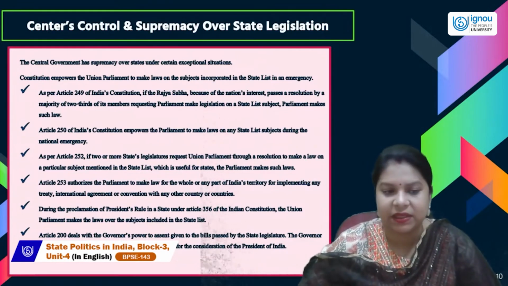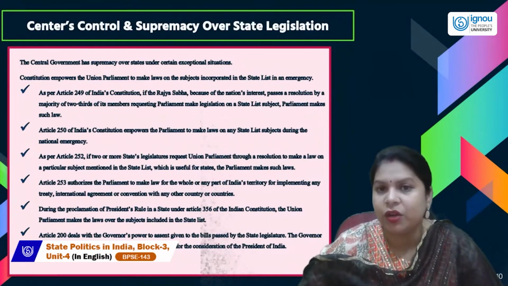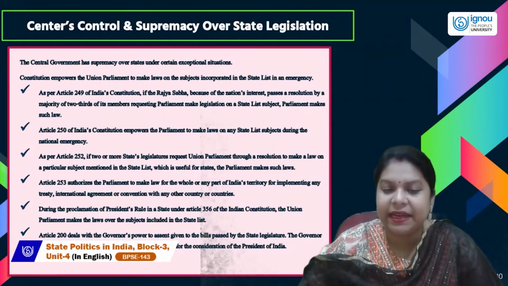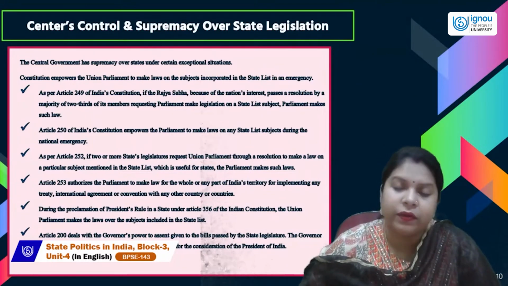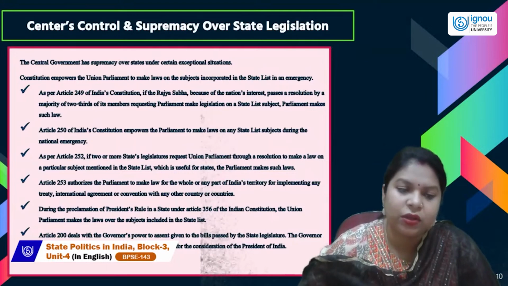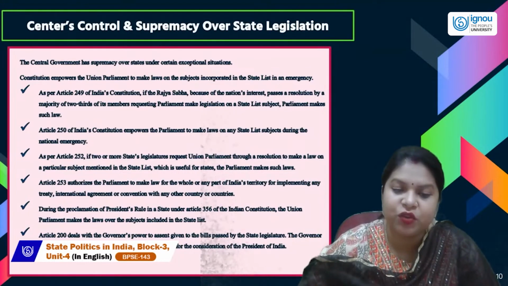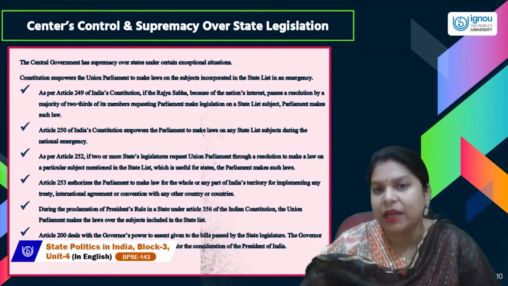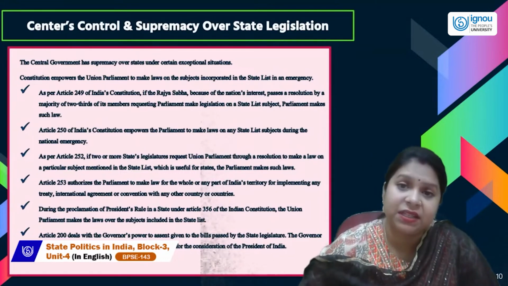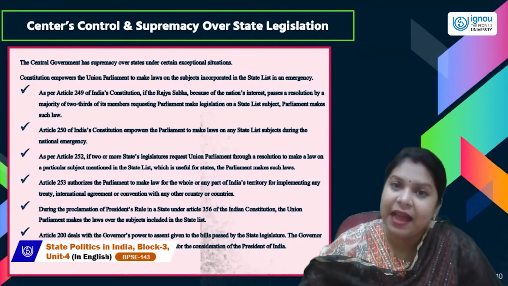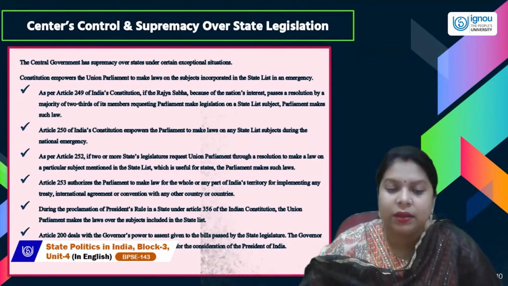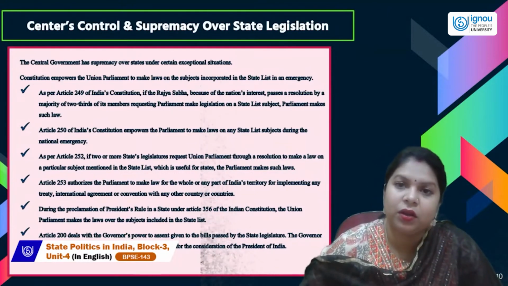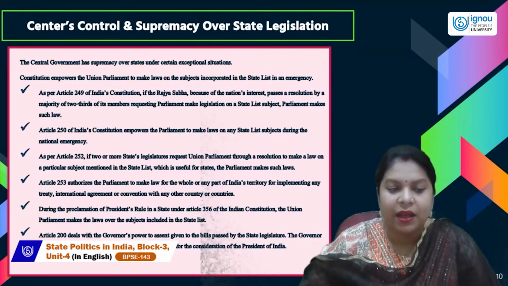for implementing these treaties or agreements. Then, during the proclamation of President's rule in a state under Article 356, which is a very important article of the Indian Constitution, the Union Parliament makes laws over the subjects included in the state list. So in a case where there is President's rule in a state, the Union Parliament can take over the subjects which were included in the state list.